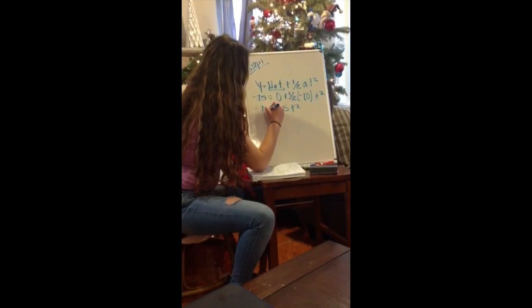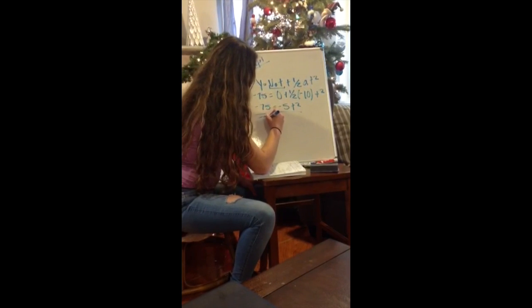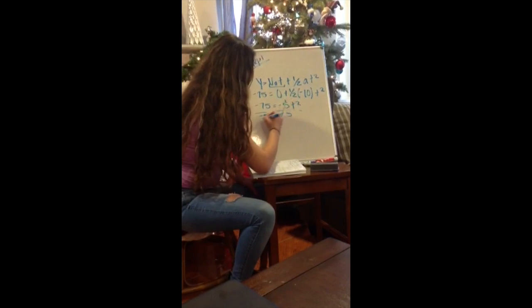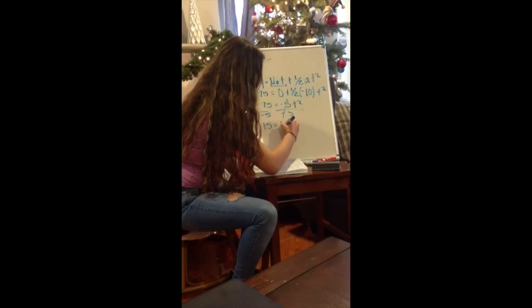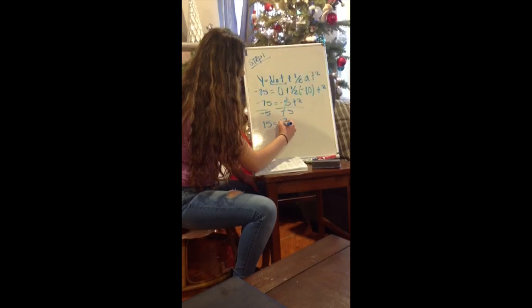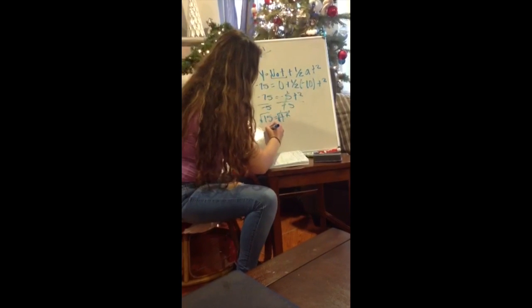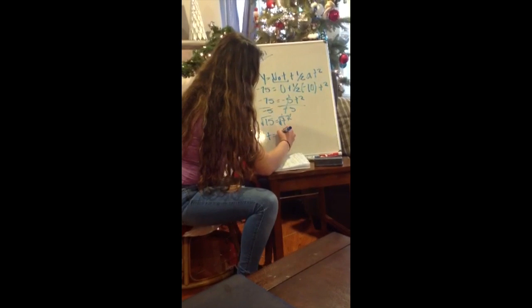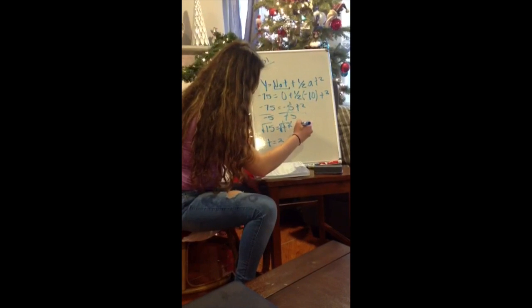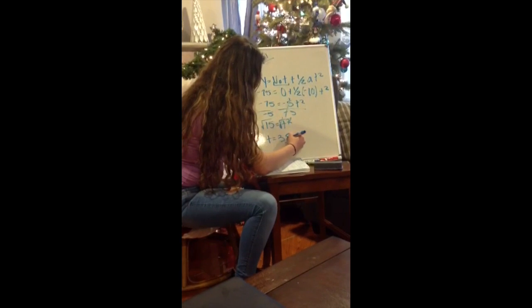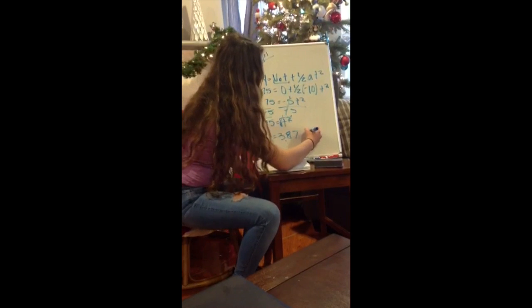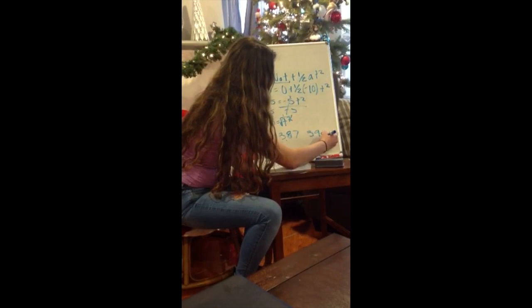It's -75. You divide both sides by -5, which leaves you with 15 equals t squared. To get rid of the square, you square root both sides, and t equals 3.87, or rounded, 3.9 seconds.